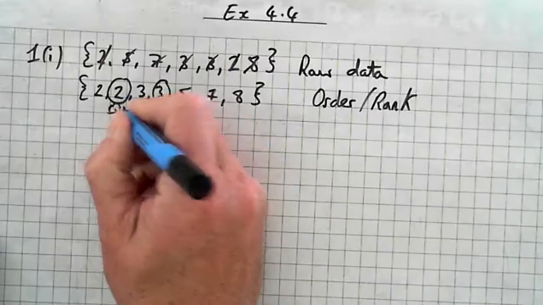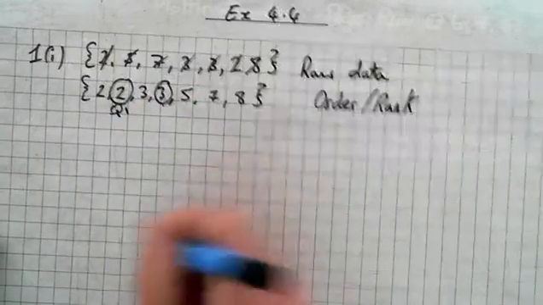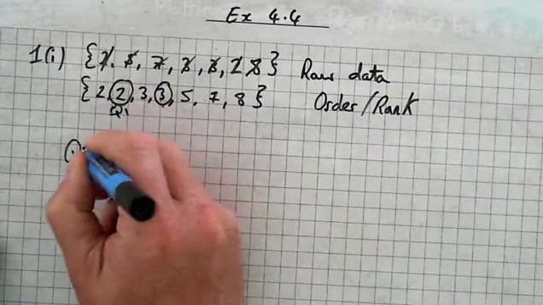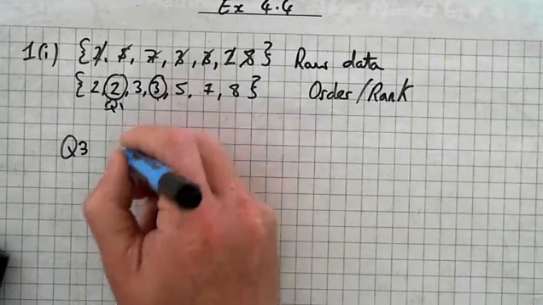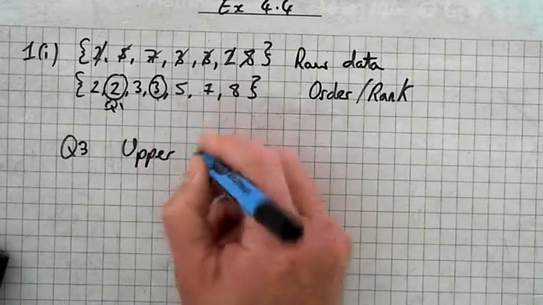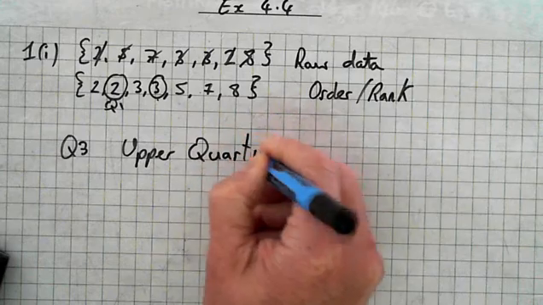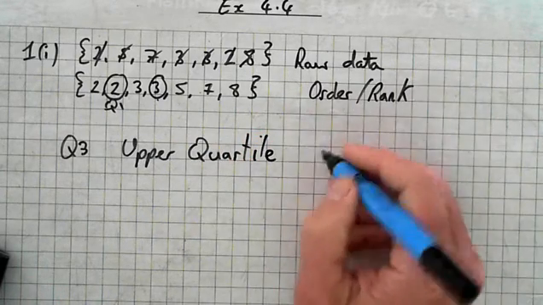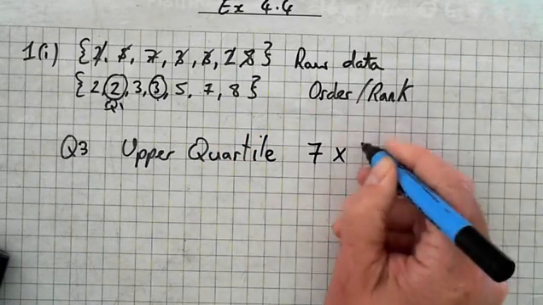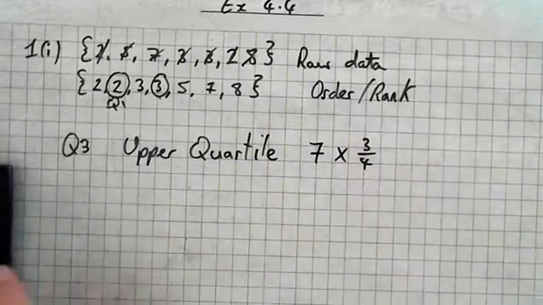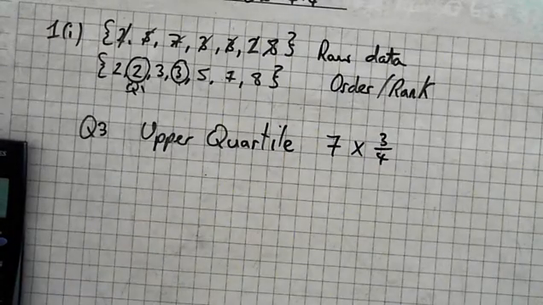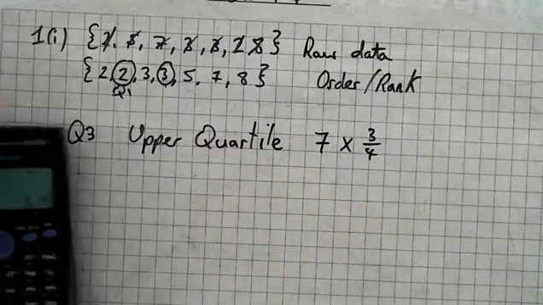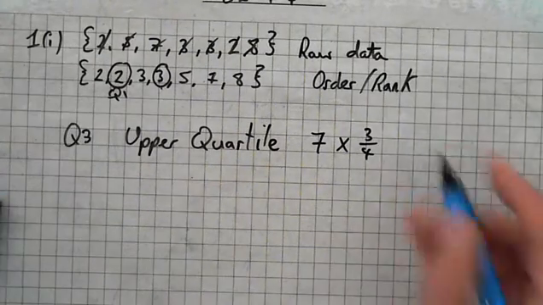What's the upper quartile? Q3. The upper quartile is 3 quarters. So it's 7 numbers multiplied by 3/4, which is 5.25.